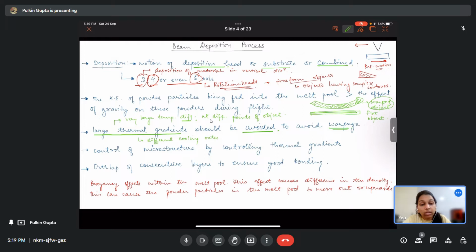And the difference in cooling rates, like suppose the cooling rate is faster here and it is slow in the middle and then again fast at the corners. So because of this difference in cooling rates, you will be having unequal expansion and contraction of the material.